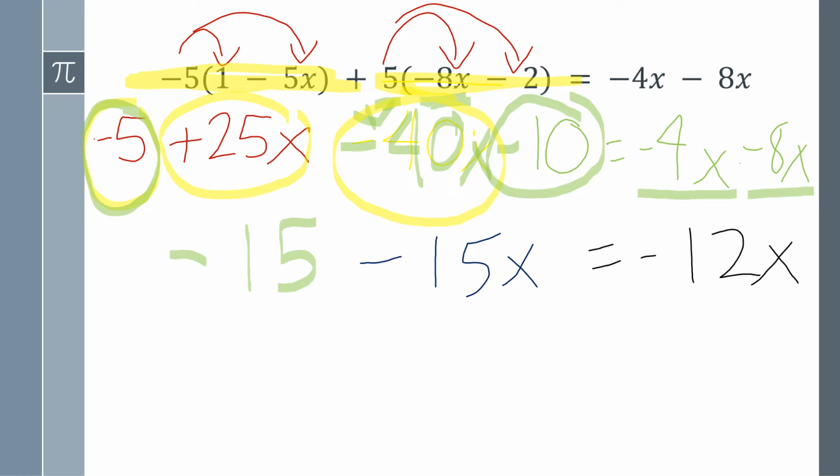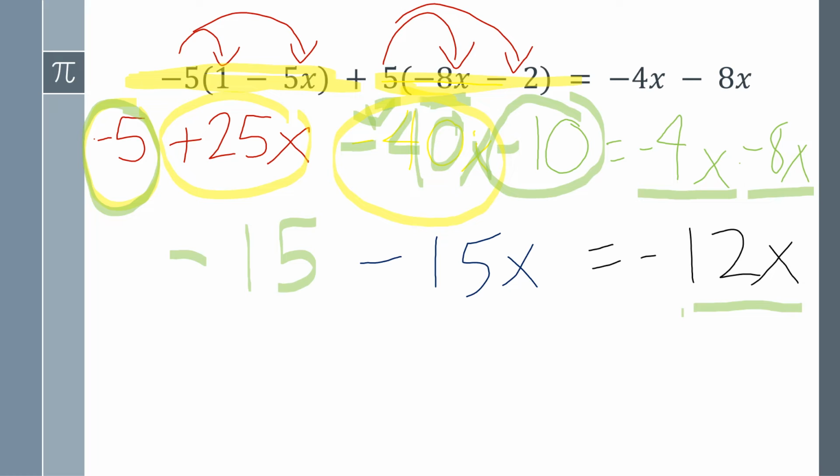All right, we almost there. So remember, your job is to get x by itself. To do that, you have to move one of those x's. I know you guys want to say, let's move the right hand to the left.